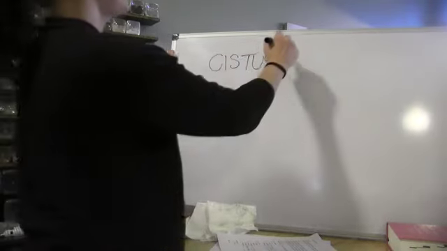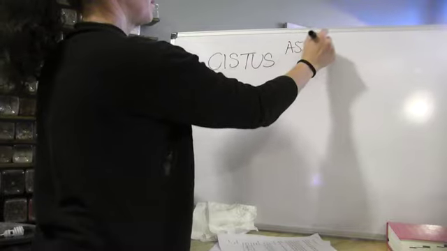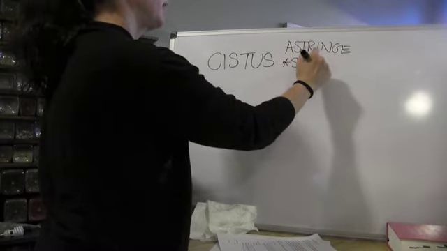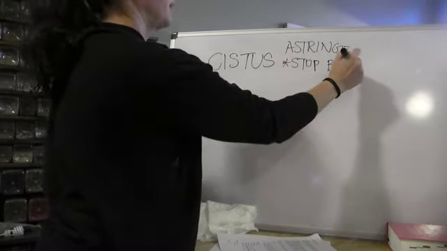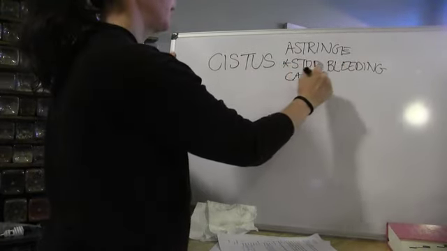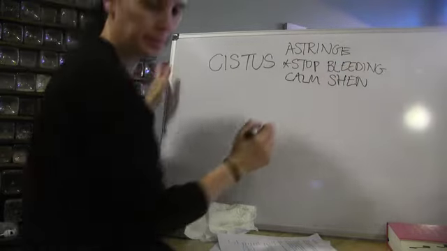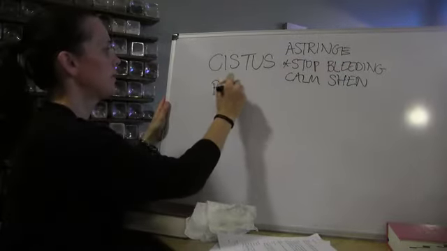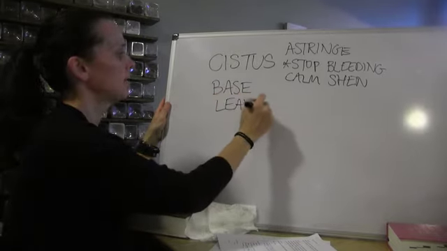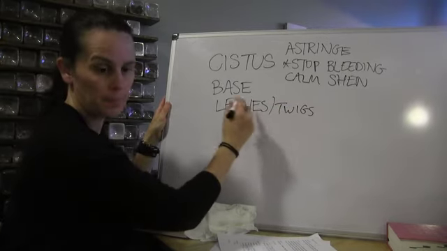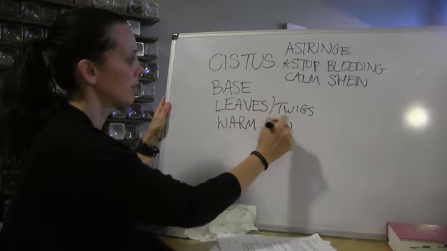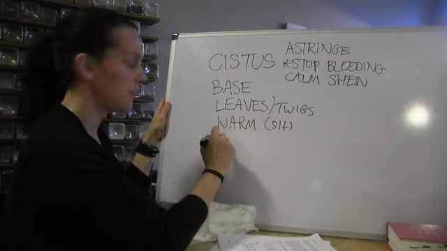Categories, we have astringe, stop bleeding, that's where it really shines, and calm shen. It's a base note. The leaves and twigs are distilled. It's warming, slightly warming. Goes to liver, spleen, and kidney.